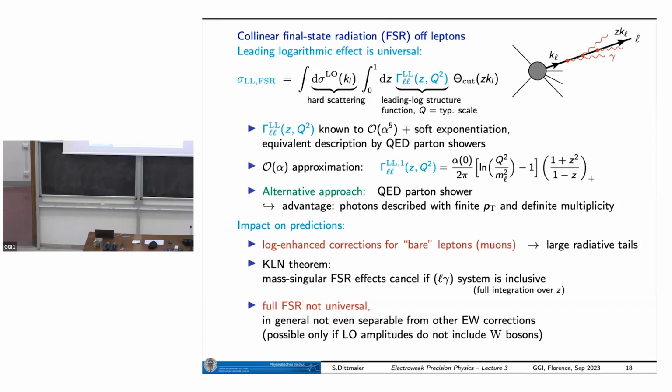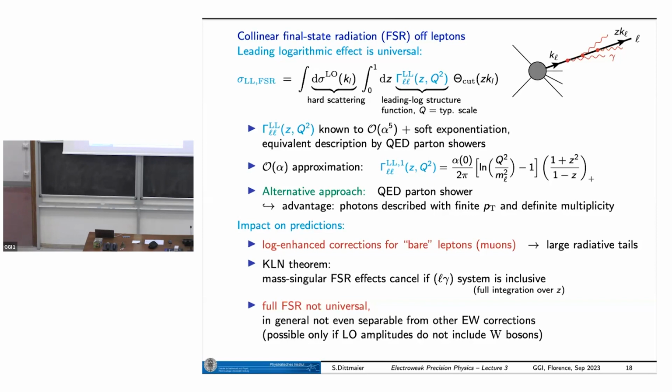So assuming that you can isolate these photons from the lepton, as I've said, a mass singularity builds up, which means, just jumping in the middle of this formula here, that in this integration kernel, which describes exactly the collinear part of this radiation, you see this log of a lepton mass coming up.